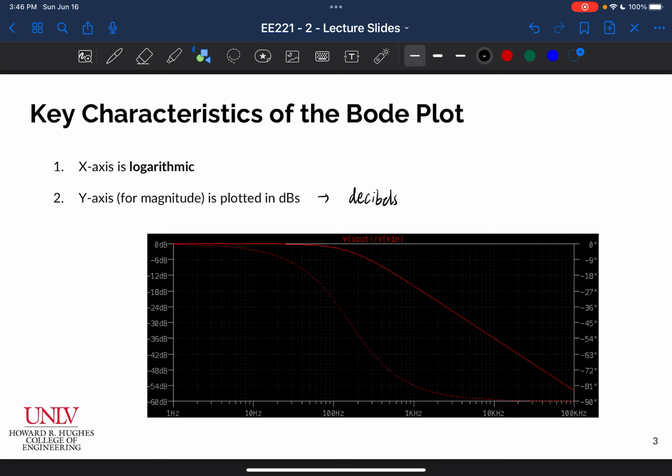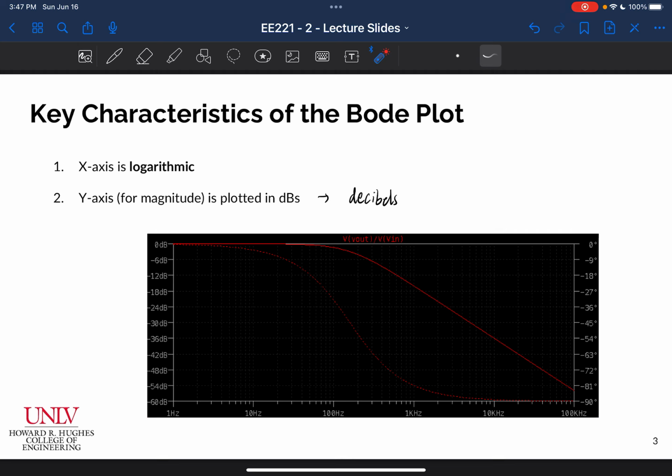And I wanted to point this out so that I can introduce the concept of the Bode plot. We're going to go through these two things so that we can get a better understanding of the Bode plot. I'm first going to do a review of logarithms and logarithmic functions and logarithmic axes. And then I'm going to do a little bit of an overview of where the dB unit comes from and why we use it.